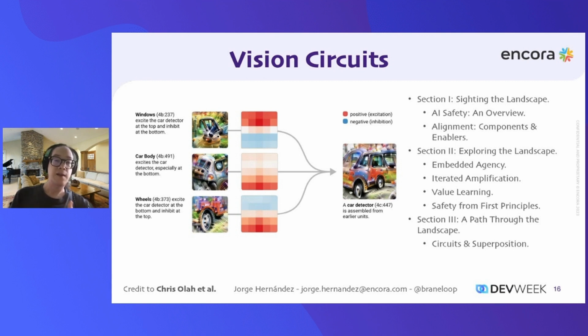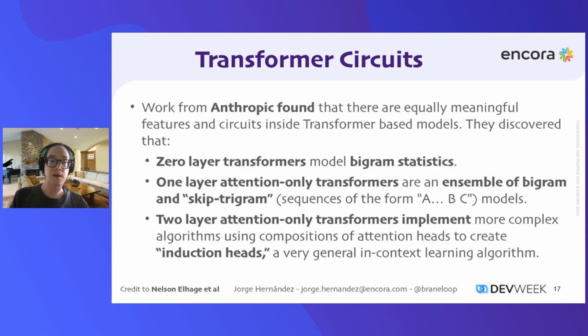It scores and adds those three features: detect windows, detect car body, detect wheels, and if they're in the right order, then it detects a car. They found these groups of neurons, this subgraph of the whole neural network, that had the capacity to do these kinds of things.